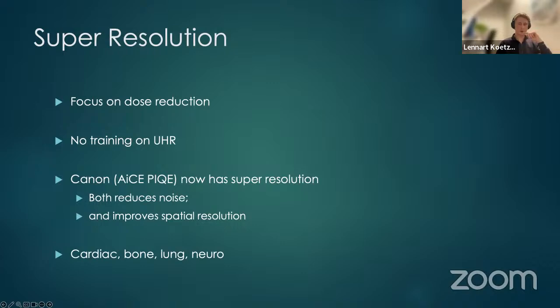So this is important to note here. The input is low dose and low resolution, and the ground truth is high dose and high resolution. So this network aims to both improve the noise levels as well as the spatial resolution.